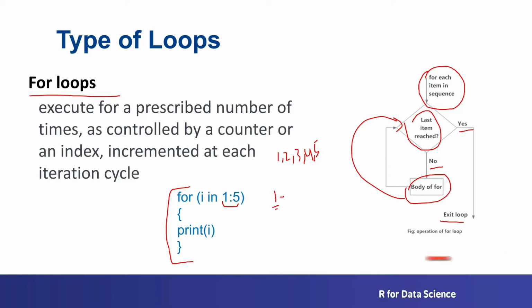Then it comes back and i becomes 2 and is printed, then goes back and becomes 3, until the last item is reached. We have 5, it prints 5, comes back and sees that 5 was the last one. There is nothing after 5 and the loop will be broken.